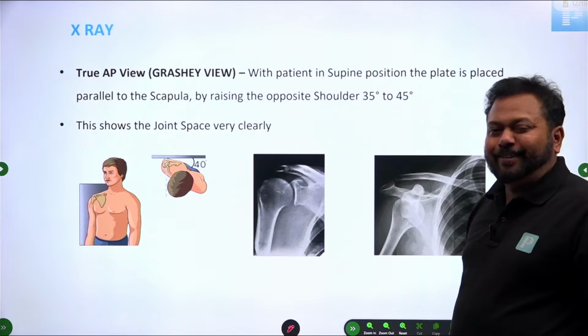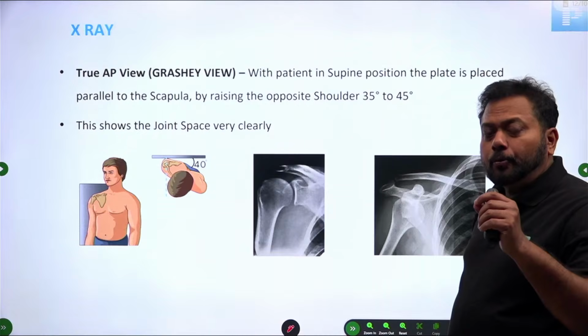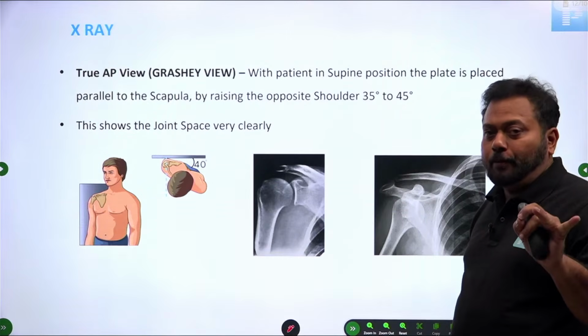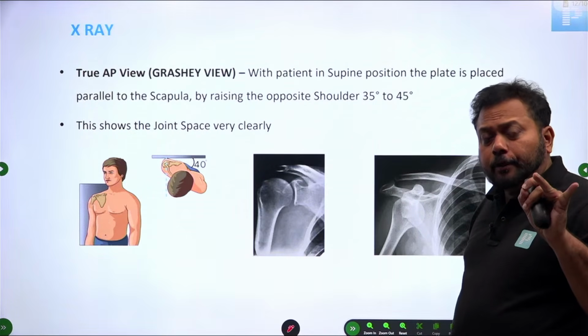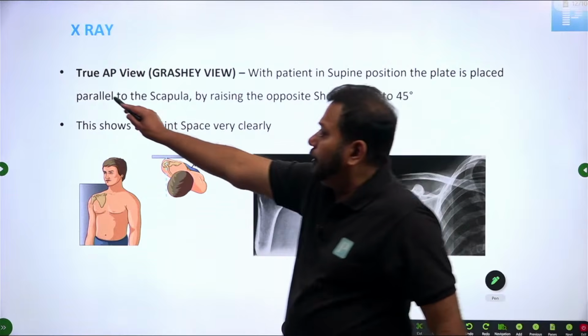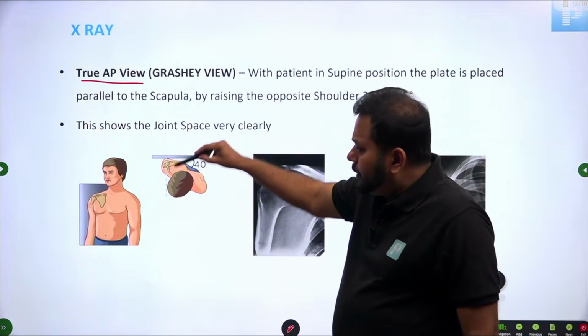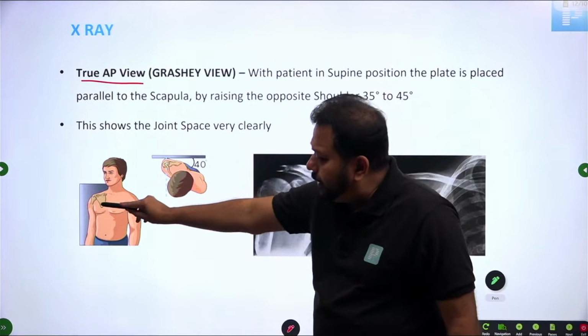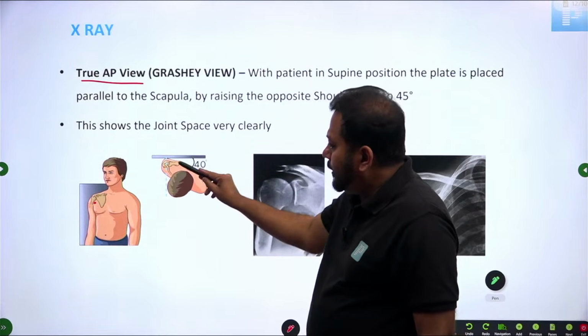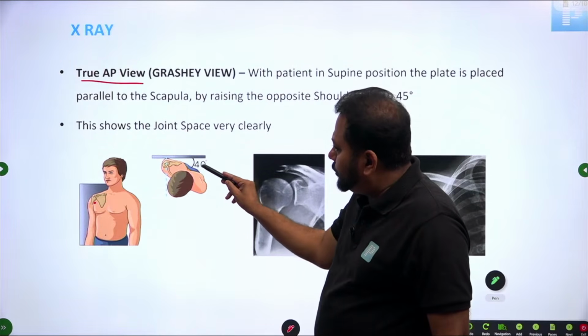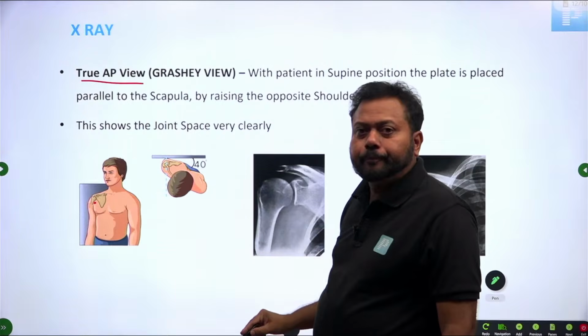Now coming to X-ray, the best X-ray view. Normally in OPD you will take an AP view, but the true AP view is different. True AP view means, suppose I want to take the right shoulder X-ray, I lift the left shoulder by 40 degrees.